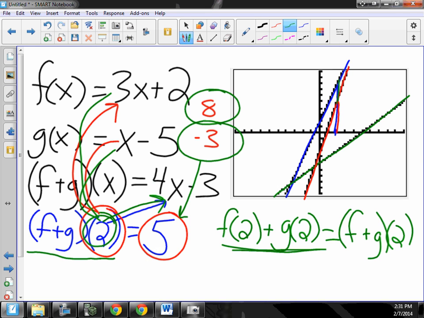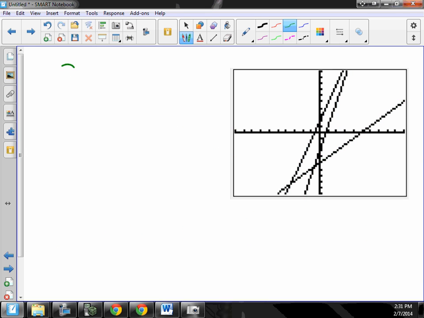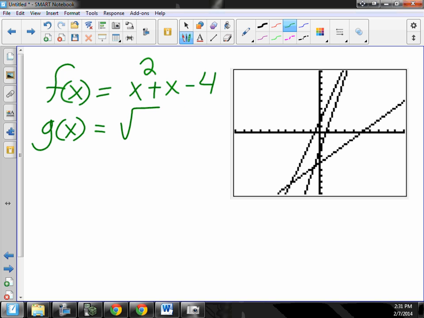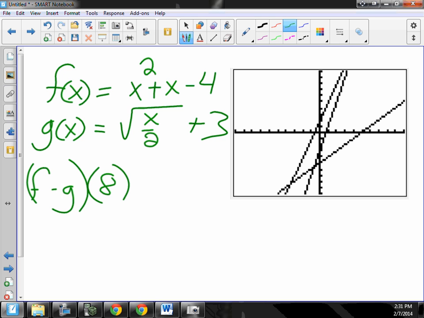What I mean is, if I said f of x equals x squared plus x minus 4, and g of x equals something awful, and I wanted f minus g of 8, do I have an f minus g?